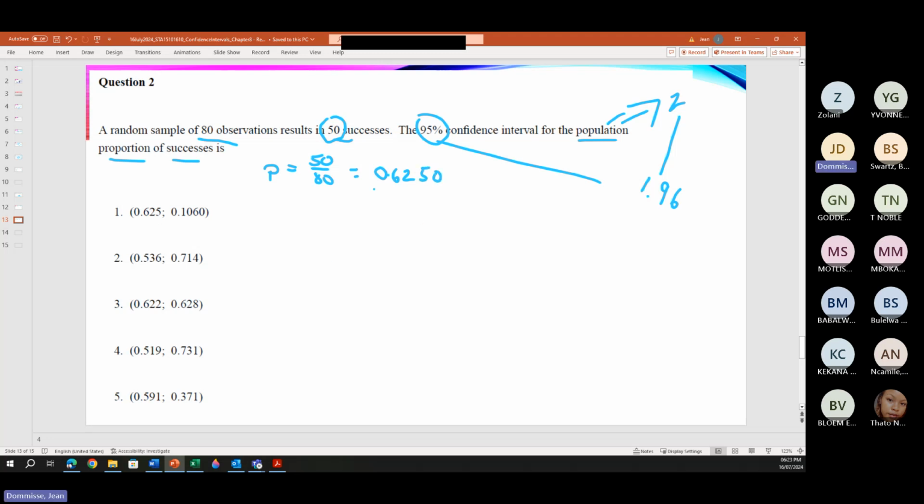Okay, so now the same principle we can nearly follow that we did with the mean. Let's quickly check. 0.625. Okay, so again, that is probably a component that we will add to the plus and minus, but already that should be in the middle. It's not, so we can eliminate that. Is that in the middle? It might be.